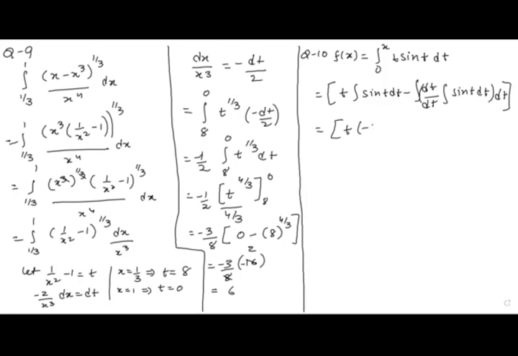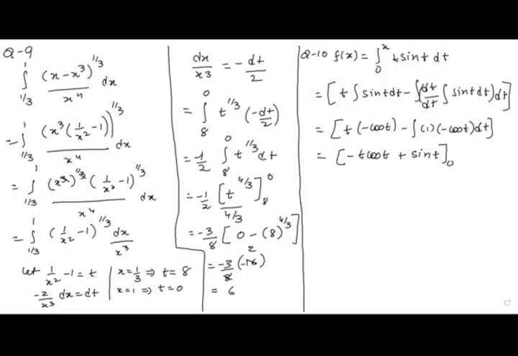Integration of sine is minus cos. Derivative of t is 1. This is minus cos t. So this is minus t cos t. This minus will come outside and integration cos t dt is sine t.